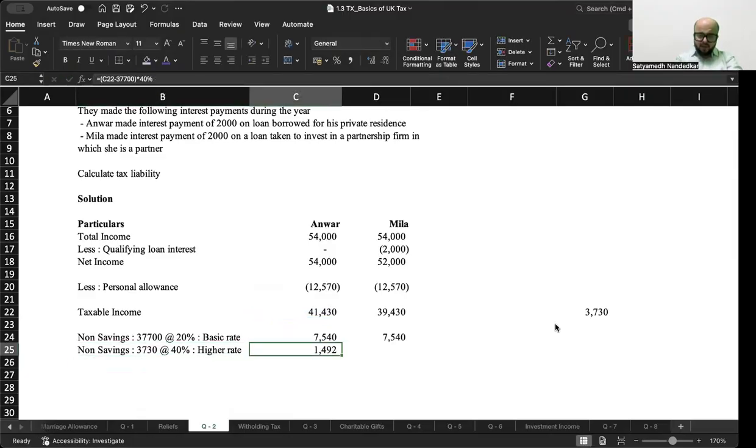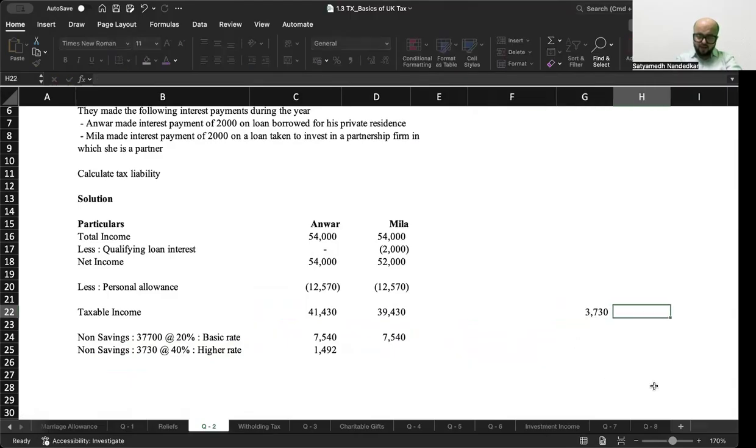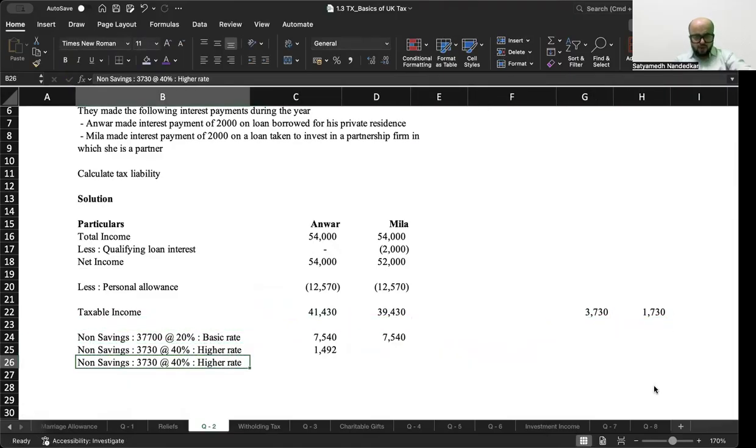Okay, and for Meela, what is the amount of income that is not yet taxed? Her total taxable income is 39,430, out of which 37,700 has been taxed in the basic rate band. So how much is not yet taxed? 39,430 minus 37,700, 1,730. So this will be taxed in the higher rate band.